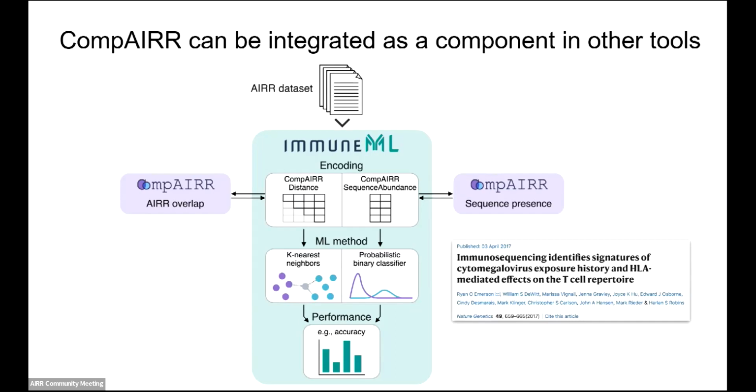As an example, I'm using the machine learning platform immuneML, where we integrated CompAIRR in two different ways. One way is with the repertoire overlap functionality to create a Morisita-Horn distance matrix, which can be used in combination with the KNN classifier in immuneML. And we also used the sequence presence functionality to speed up a method from Emerson and colleagues that we reproduced inside of immuneML.